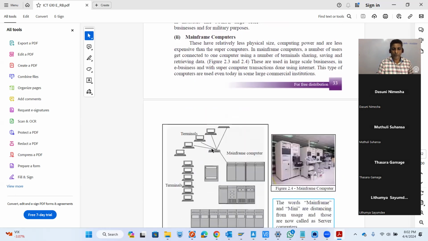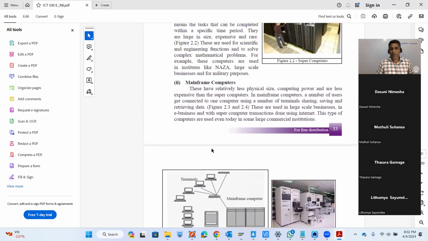And mainframe computers. Mainframes are comparatively smaller than the supercomputers, right? A very big organization, let's say Microsoft, Google, actually they use supercomputers. Let's say worldwide banks like HSBC, those kinds of organizations basically use mainframe computers. Maybe in hub operations. Hub operation is a very complex operation.